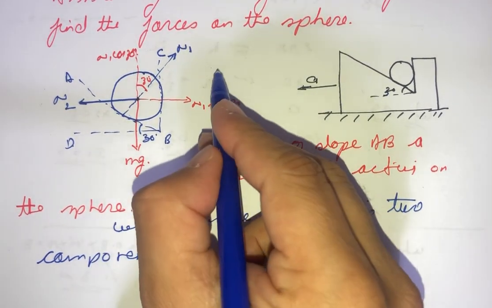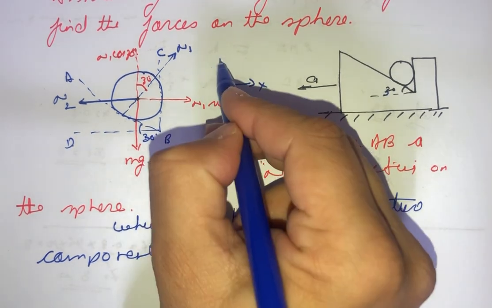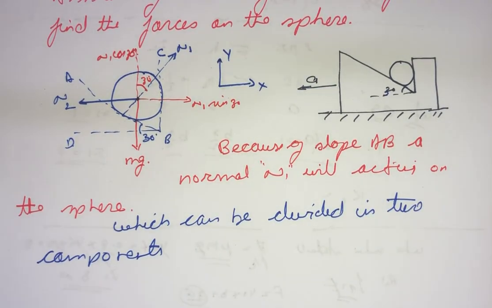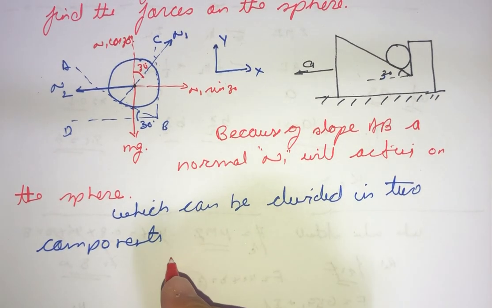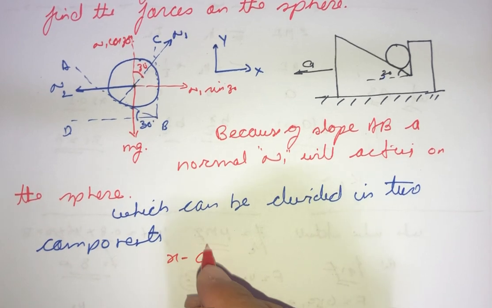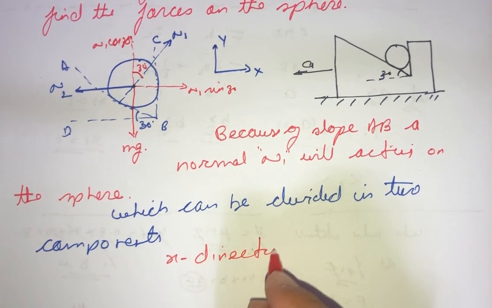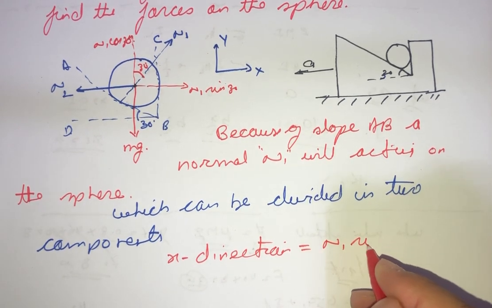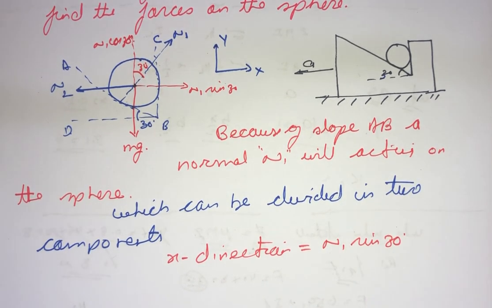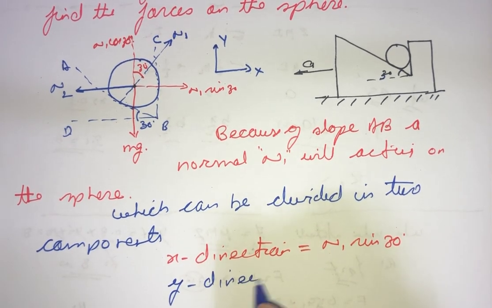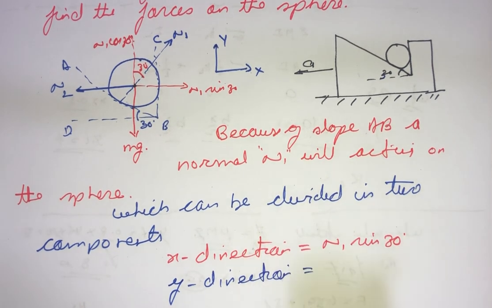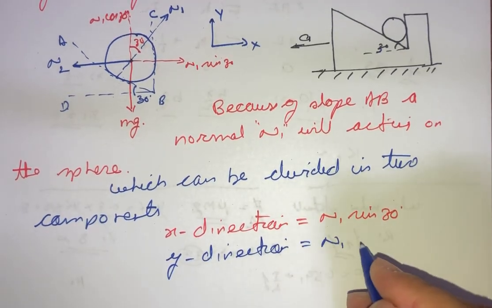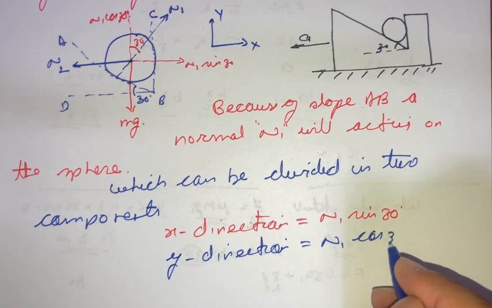We are going to take this as our x-axis and this as our y-axis. So in the x direction we are going to have N1 sin 30, and in the y direction we are going to have N1 cos 30.